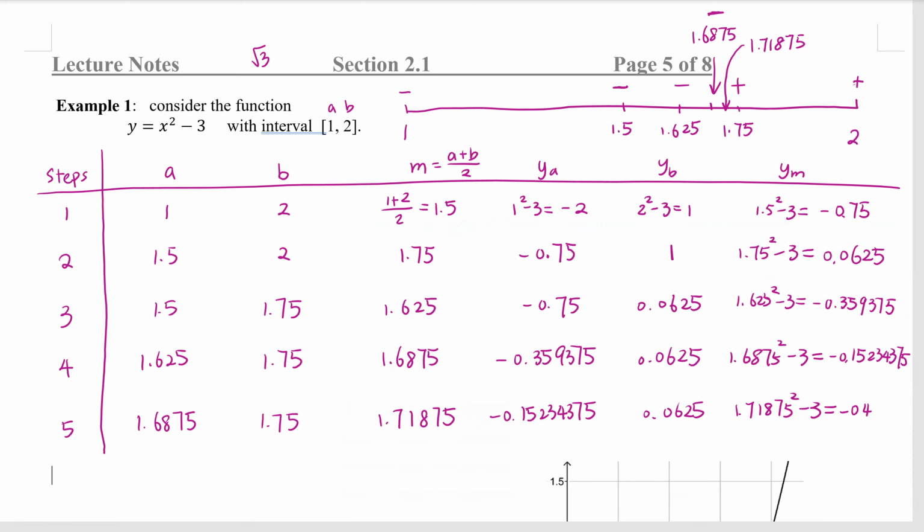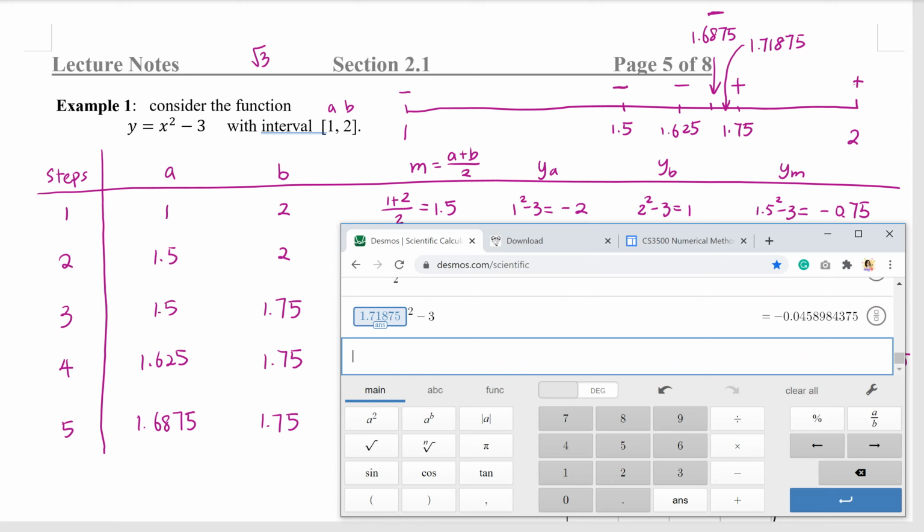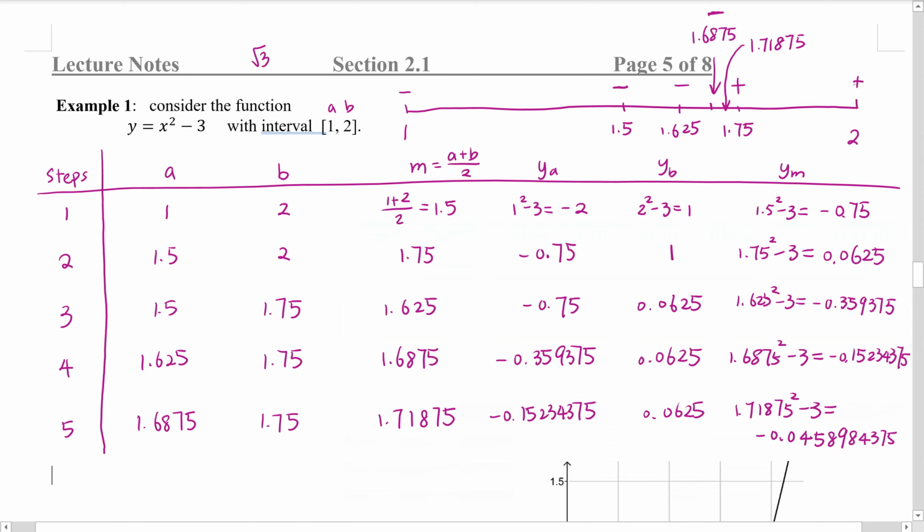I don't have enough space, so let me put it here. Sometimes I forget the digits. Negative 0.0458984375. Yep, okay. So this is the 5-step bisection method.